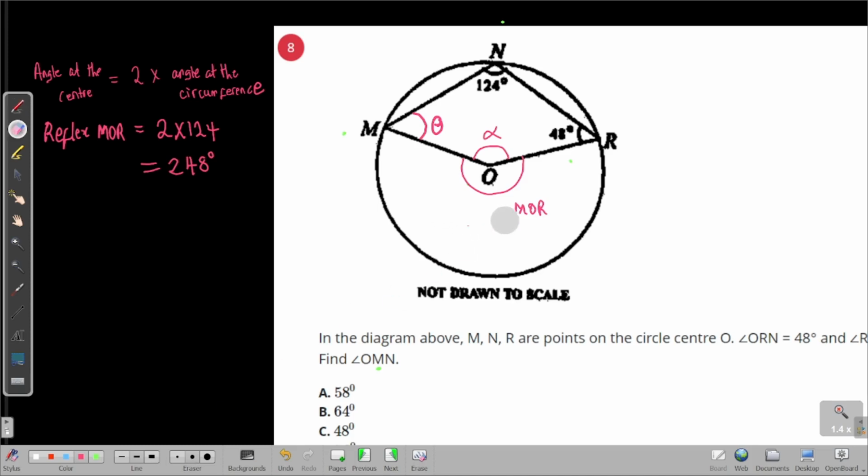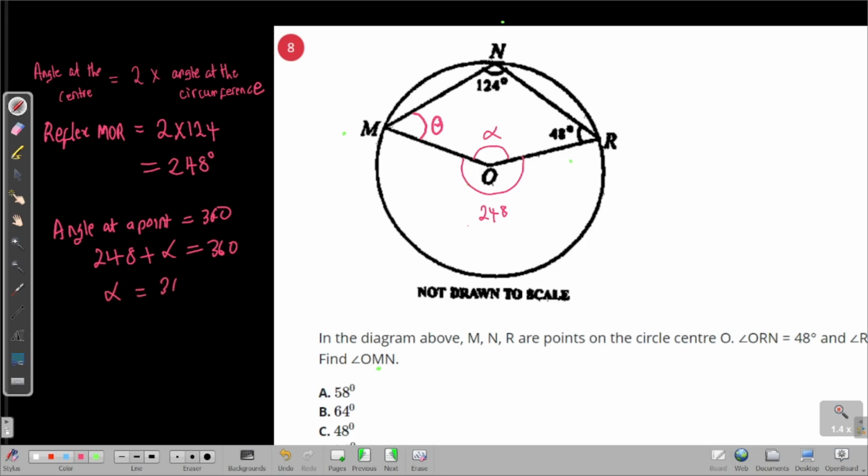It means we can easily find alpha. How can we find alpha? You already know that angle at a point is equal to 360. So 248 plus alpha is 360, and alpha is 112 degrees.